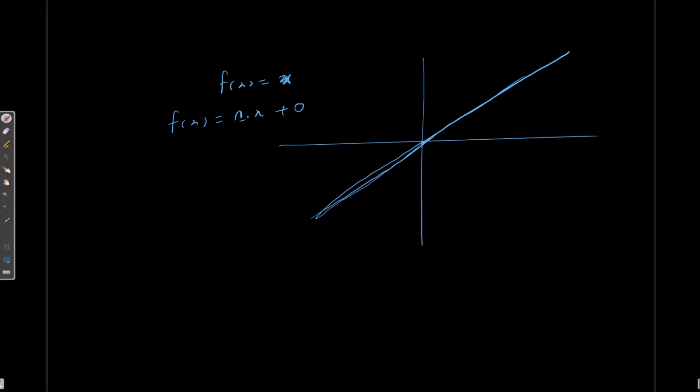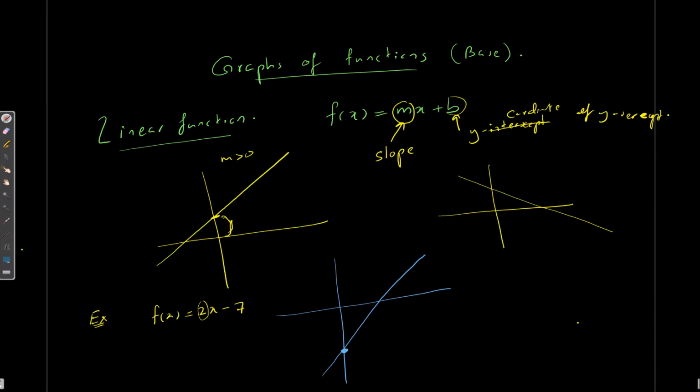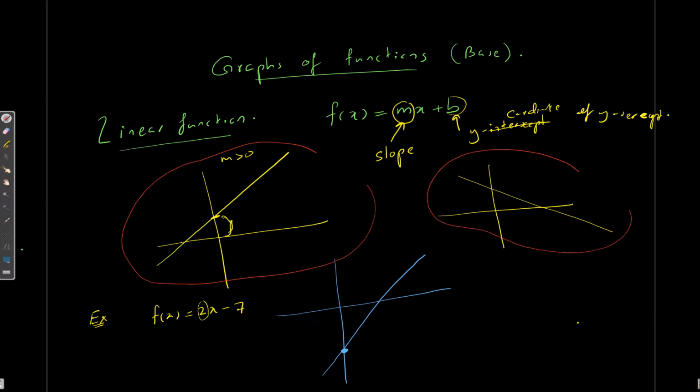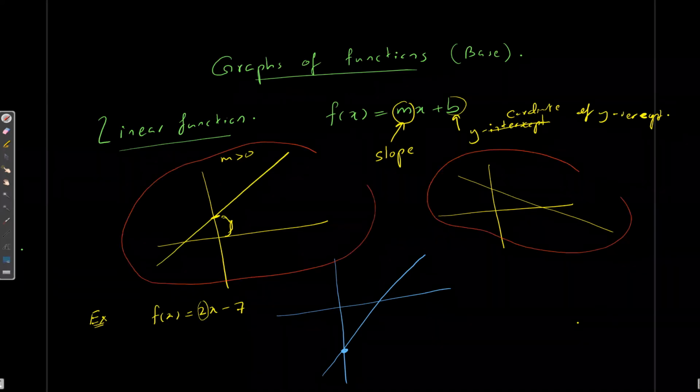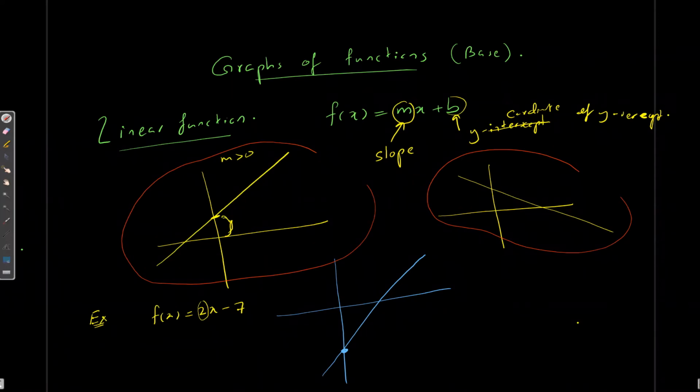Now, any linear function, let me go to the previous page. Any linear function can be this, or it can be this shape. If you observe it, any linear function, the domain is all real numbers. You can input any real numbers, because domain is when you project your graph down to the x-axis.